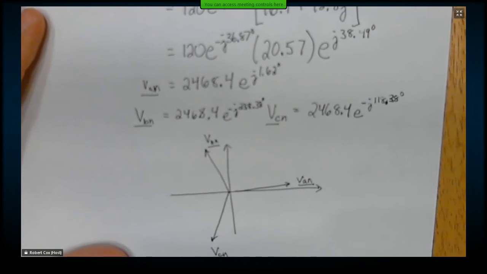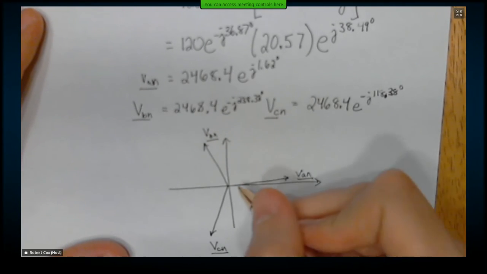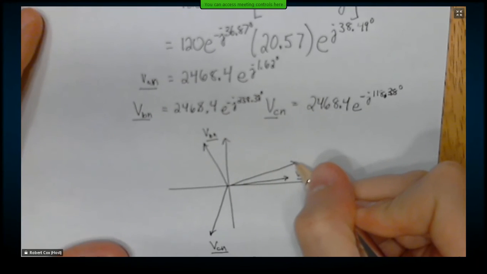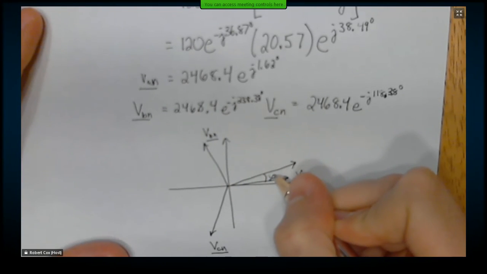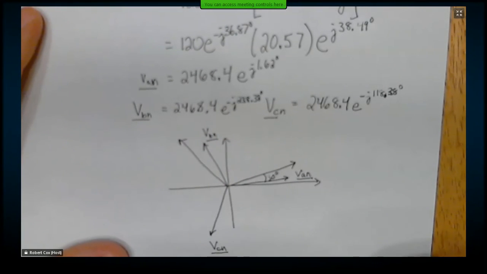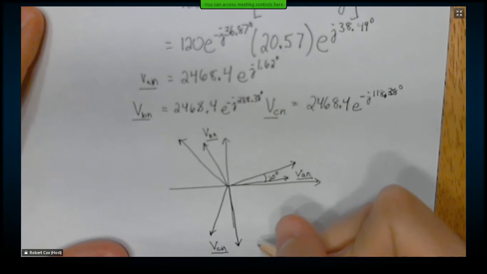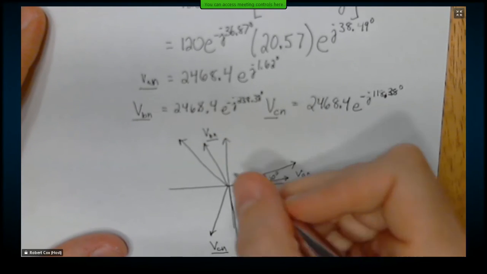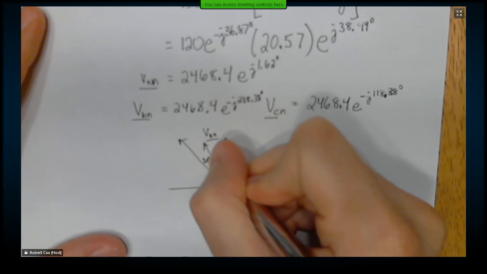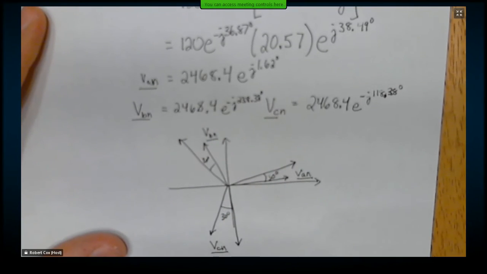Okay. Now, what do I know about my line-to-line voltages? Well, I've got one that's ahead by 30 degrees here, one that's ahead by 30 degrees here, and one that's ahead by 30 degrees here. Okay, so 30 degrees, 30 degrees, 30 degrees.